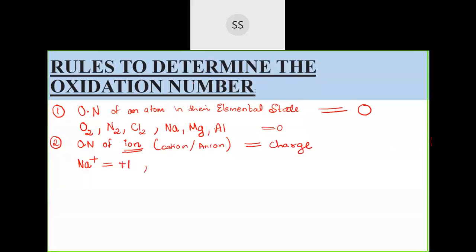Magnesium, can you tell me now? I believe you know the elements till 30, I had told you last time also. Magnesium is Mg2+, so +2. Aluminium, tell me now. Yes, very good, +3.